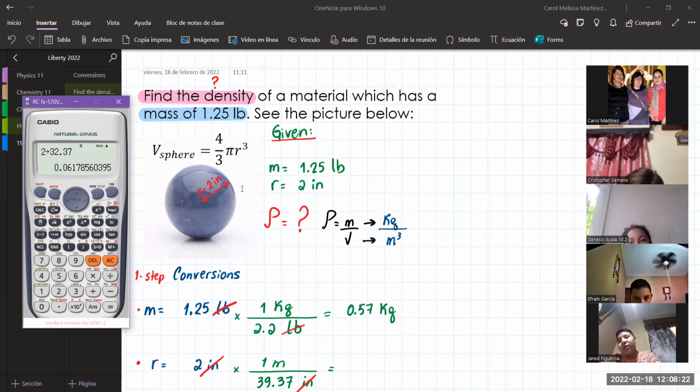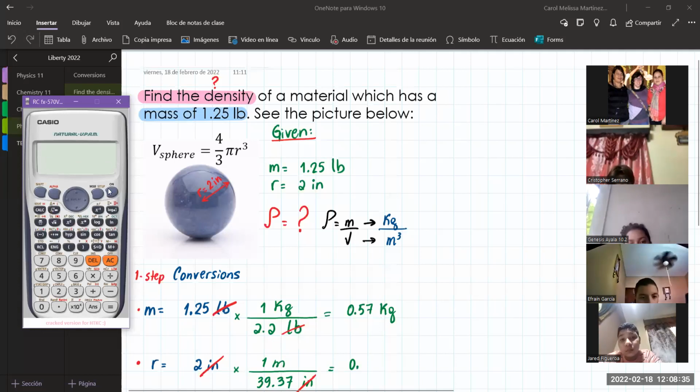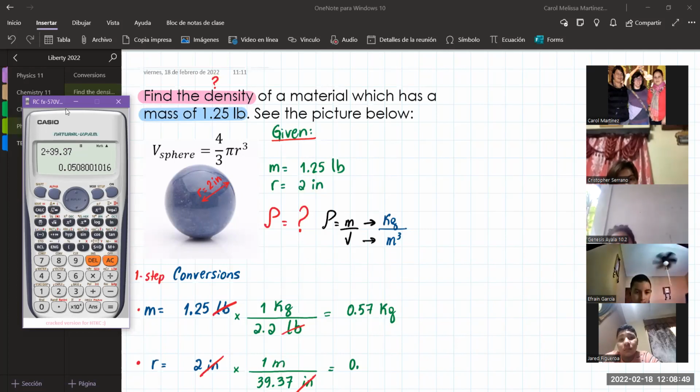So how many meters are those? Do you get the same answer as me? It's 39.37.